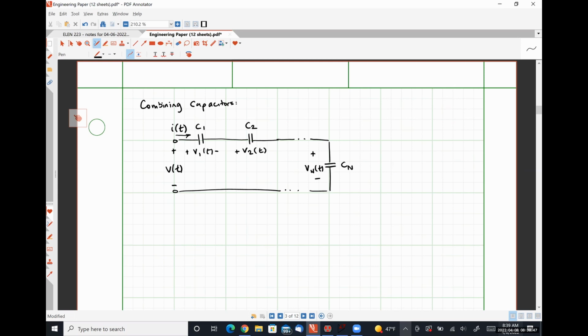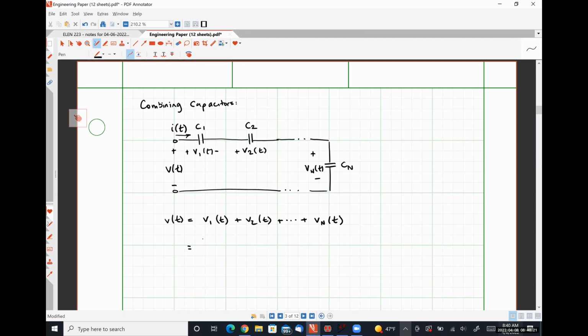is I of t. Well, if we apply Kirchhoff's voltage law around our loop, we'll find that V of t is equal to V1 plus V2 all the way out to the end. We can express all of these voltage drops in terms of the common current that's being carried by all of the elements connected in series.